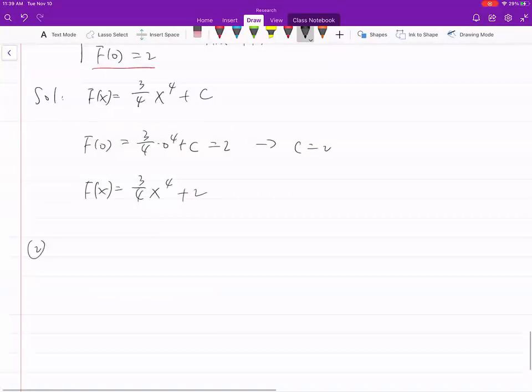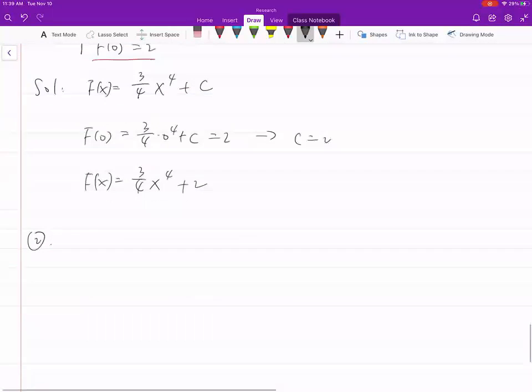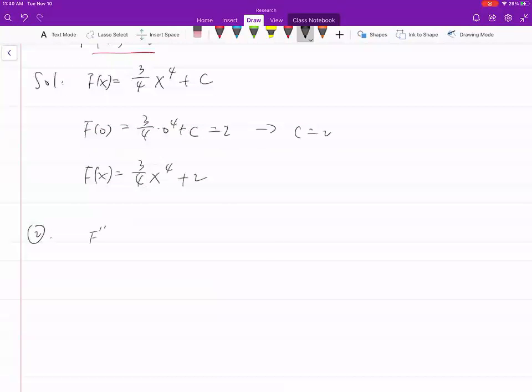Beautiful. Second case. If I give you the derivative, you know how to find the original function. What if I give you the second derivative? For example, f''(x) equals 10.